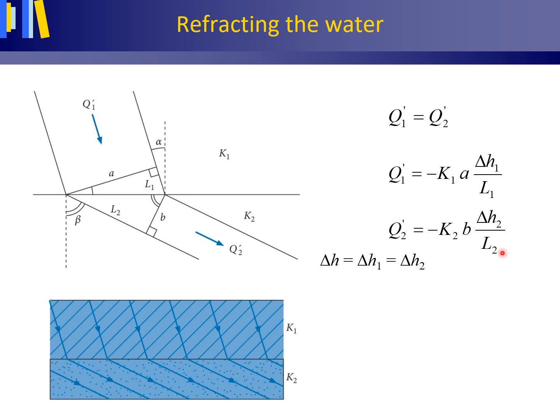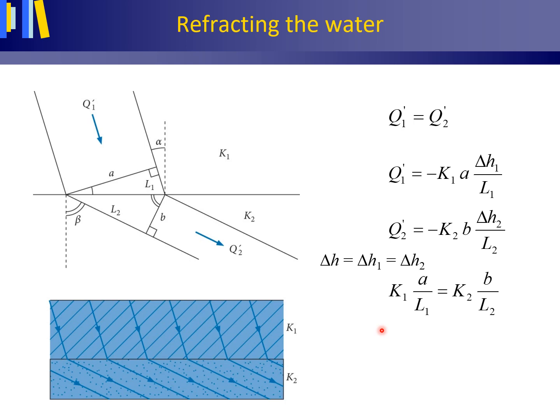Inserting the flow equations into your continuity equation for delta H equals delta H1 equals delta H2 gives us this relation.